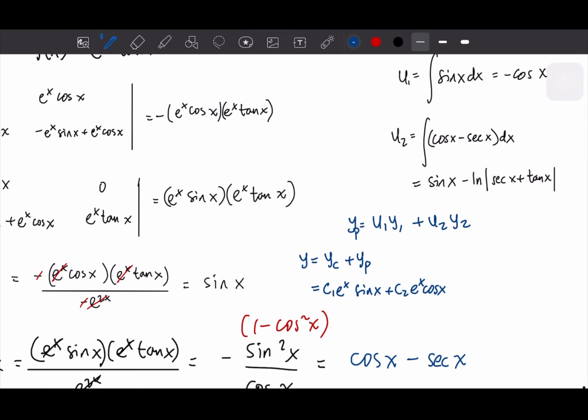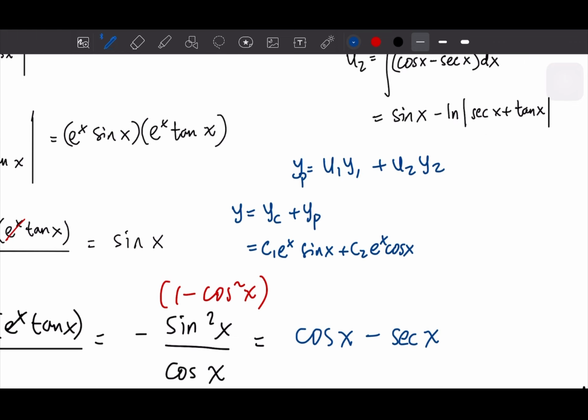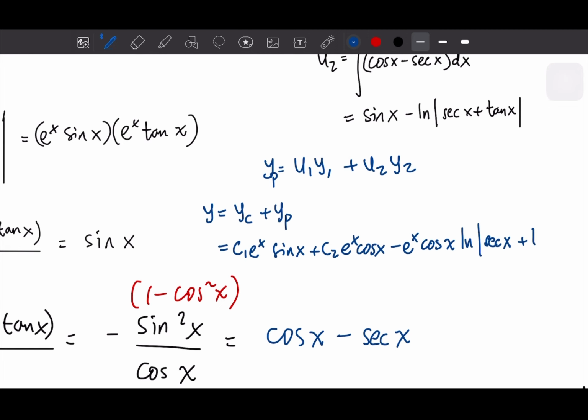And then we have sin x, multiplied with the e^x cos x. And you notice that it's plus minus, so it's cancelled. So we only have the ln. Okay, so the sine and cosine in this part are cancelling, so we have only the last part. But you could just multiply, and then check. I'm skipping some process here, just writing the final solution. That is e^x cos x ln of sec x plus tan x. Okay.